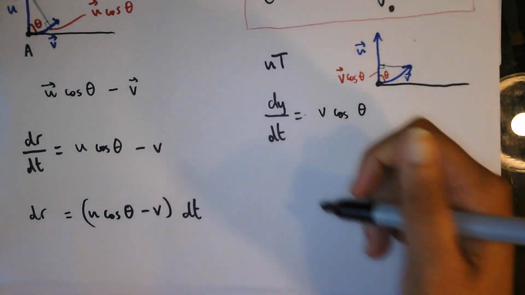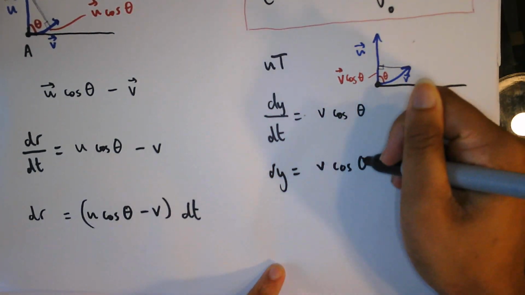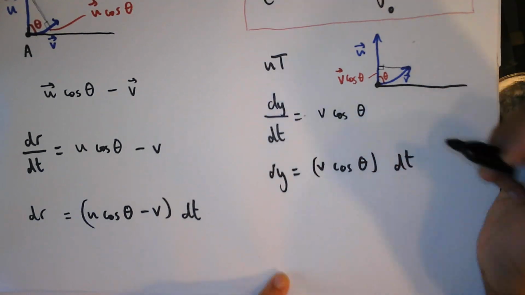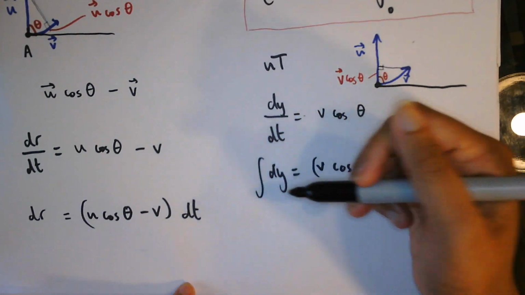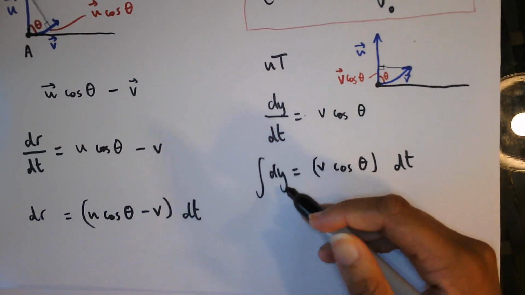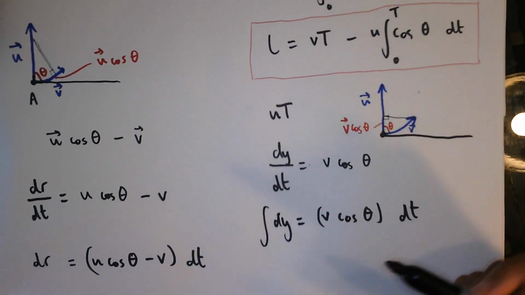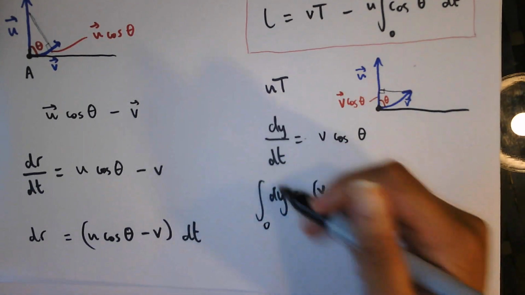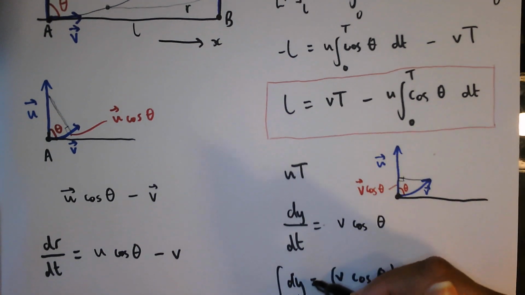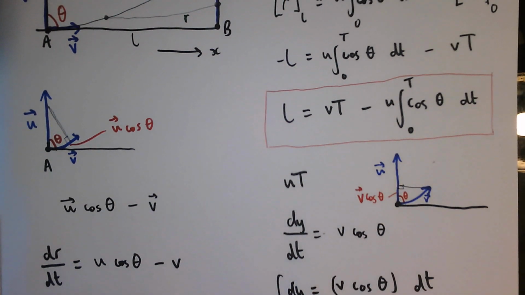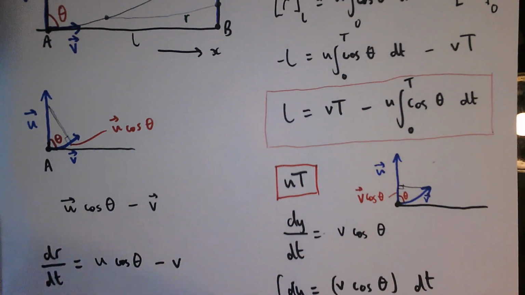If we rearrange this equation, integrate it and put in the limits, y is going to start off as 0 because initially point A hadn't moved any distance, and its upper limit is going to be uT because it moves the same distance as point B. So 0 to uT.